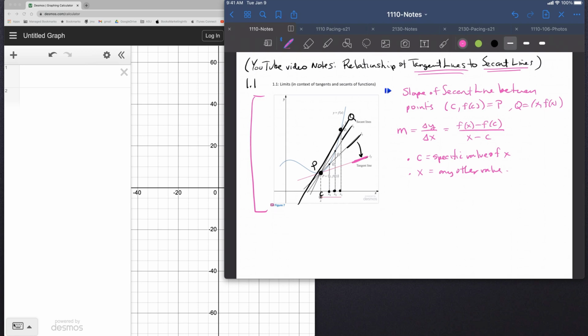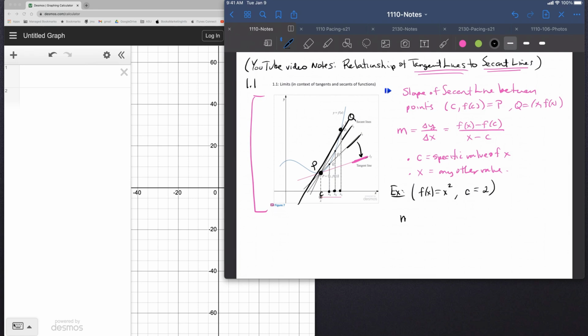That's what we want to do a quick example of with the math and the symbology right now. Let's say that our specific function is f of x equals x squared, and our specific value of c is 2.